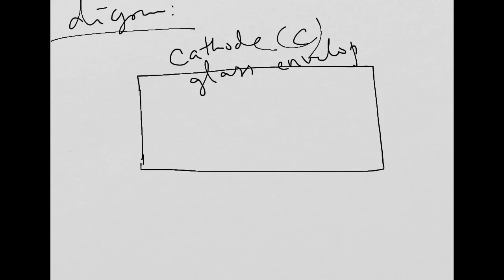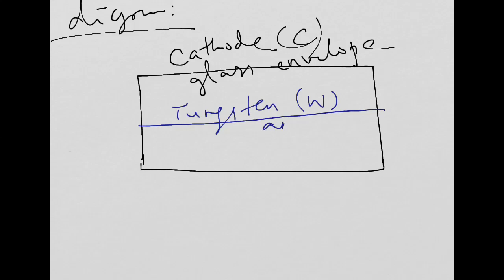And there is a tungsten wire which is going to act as the anode. Cathode is the glass envelope, anode is the tungsten wire.